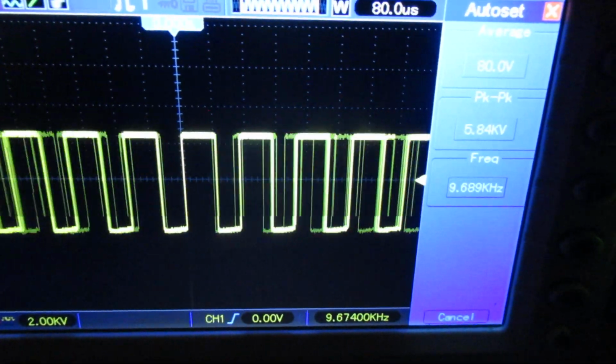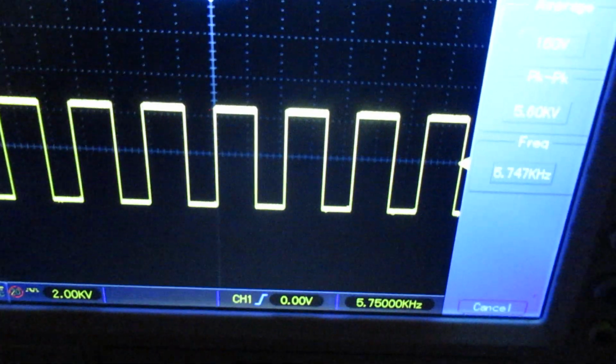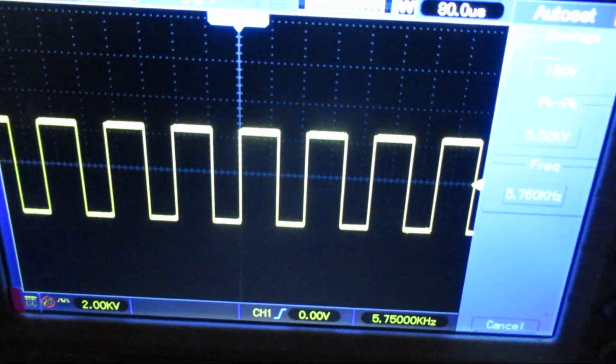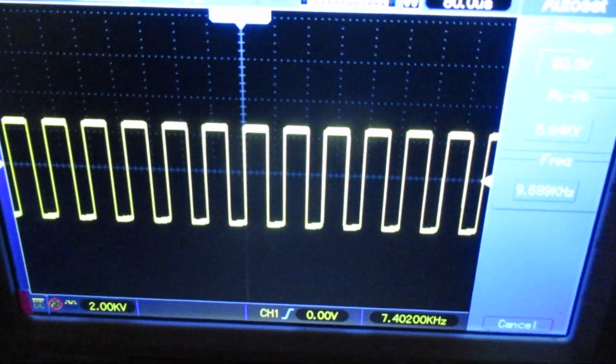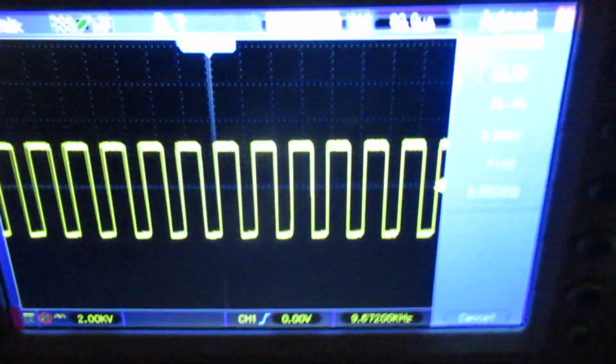Here's the tuning potentiometer. I've indicated it in the schematic. I turn it now, let's see what happens. So this is the lowest frequency, 5.7 kilohertz, and here it is the highest frequency, 9.6 kilohertz.